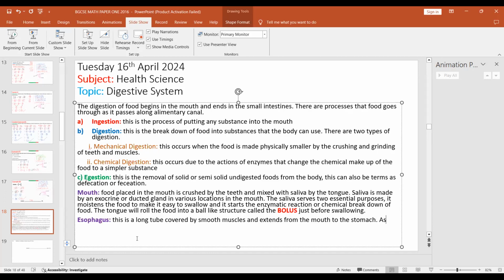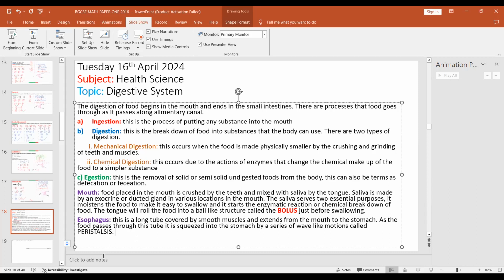As the food passes through this tube, it is squeezed into the stomach by a series of wave-like motions called peristalsis.